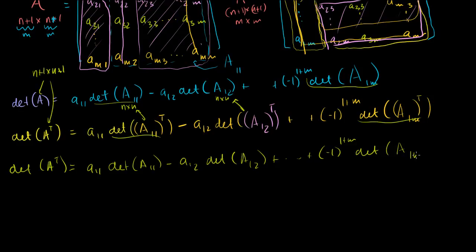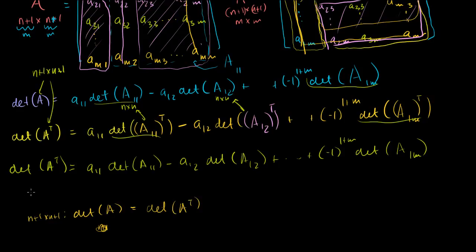A sub 1m. And then you see that, of course, this blue line here is equivalent to this blue line there. So we get that the determinant of A, which is an n plus 1 by n plus 1, so this is the n plus 1 by n plus 1 case, we get the determinant of A is equal to the determinant of A transpose.